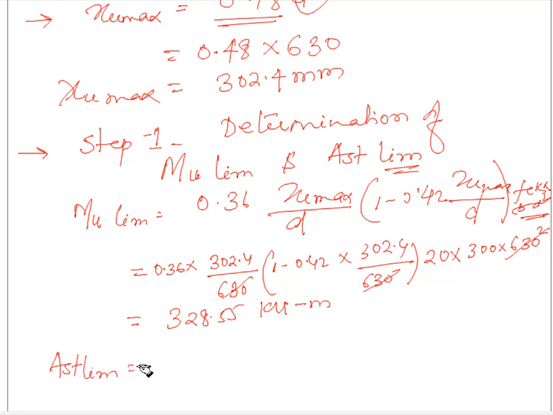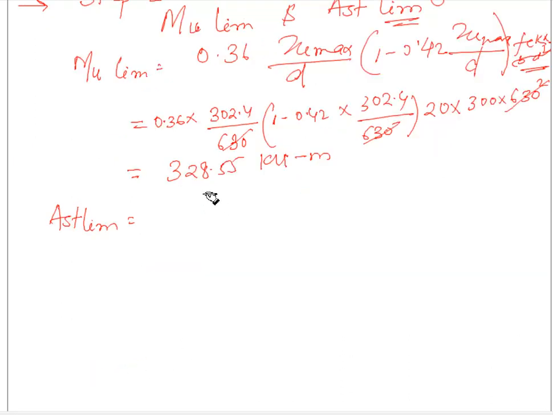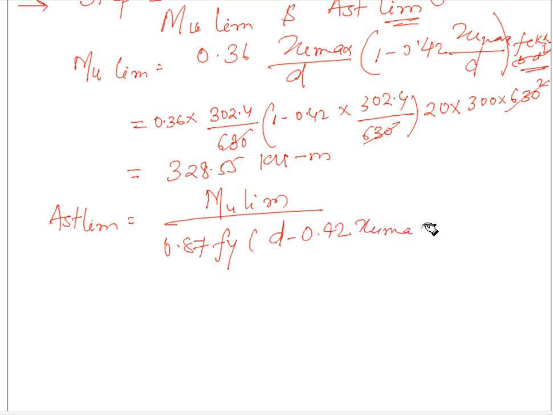AST limiting is as per your MU limiting. AST limiting equals MU limiting divided by 0.87 Fy into D minus 0.42 XU max.